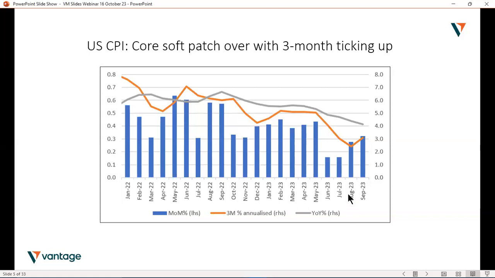Also last week, just touched on the University of Michigan Consumer Sentiment Survey. That was on Friday. Kind of interesting reading because there was a sharp decline in confidence in the October reading, with both current conditions and expectations falling. But there was a steep pickup in both the 1 year and 5 year inflation expectation surveys.